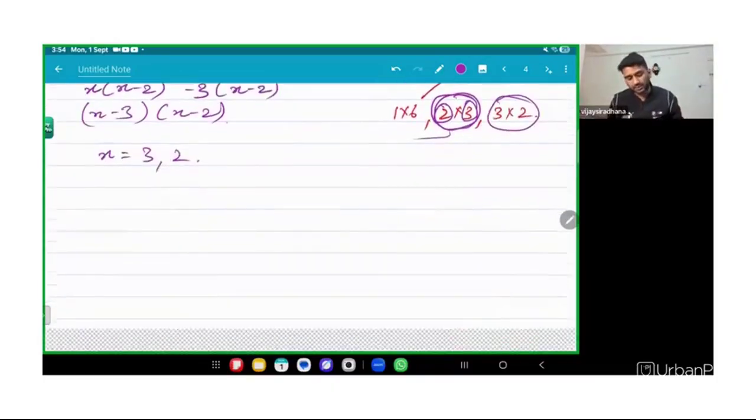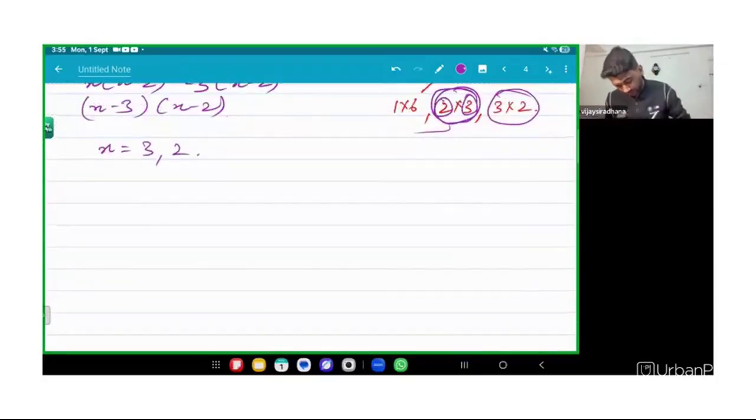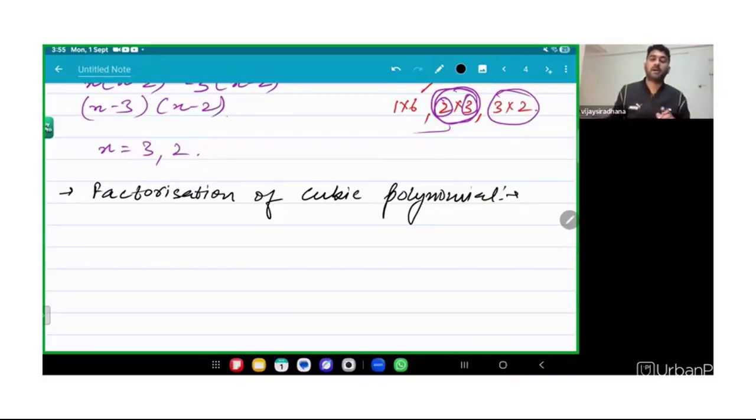Now, students, coming to the last part of this, where now we'll be doing the factorization of cubic polynomial.